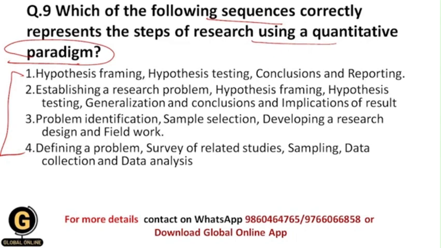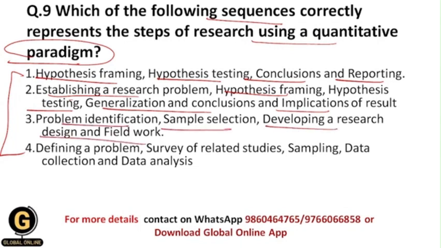So whether it is hypothesis framing first, or hypothesis testing, or conclusions and reporting, or establishing a research question, then generalization and conclusions and implications of results, problem identification, sample selection, developing a research design and fieldwork, defining a problem, survey of related studies, then sampling, data collection and data analysis.